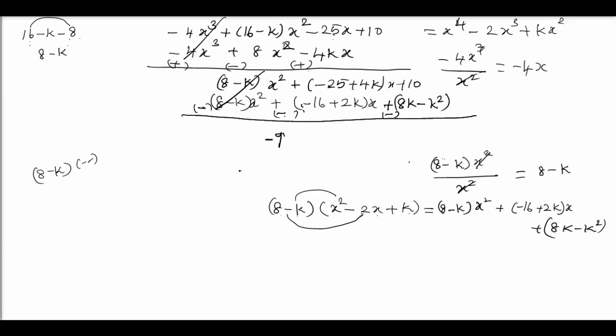Of course, it's minus 9. Okay, and then 4k minus 2k, it's plus 2k into x. This is the x term. And regarding the constant term, you get plus, first term is 10, the next term is minus 8k, and the next term is minus into minus plus k square.